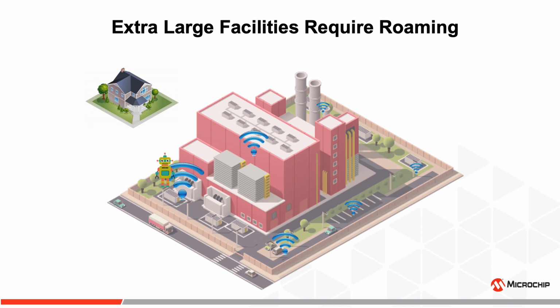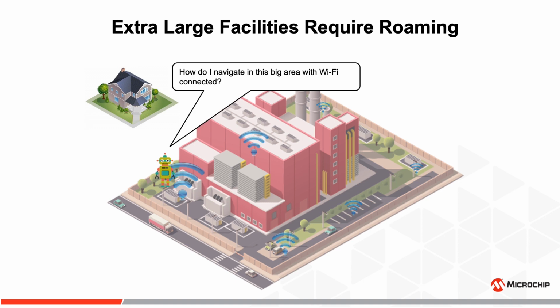So while our little robot station guy can connect to his nearest access point, if you look at the access point that's all the way across the campus, he doesn't have a connection to that access point and would not be able to because of its physical distance away from his position. So what do we do in this scenario? How do you navigate this large area and keep a Wi-Fi connection?